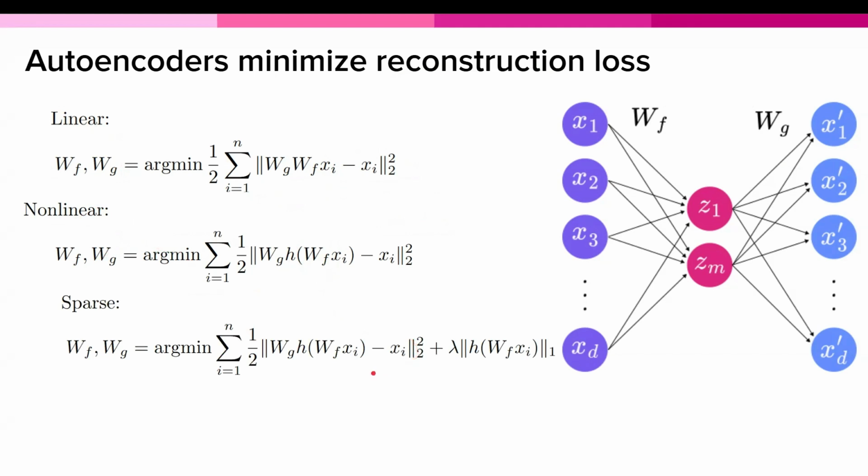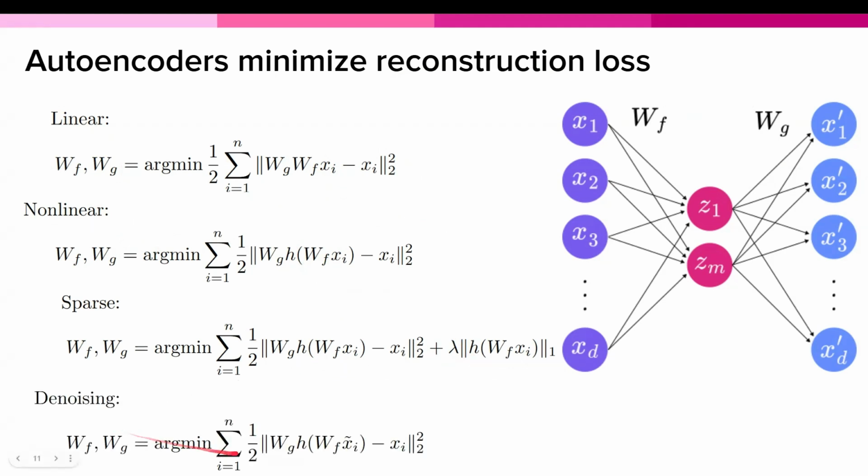Sparse autoencoders introduce an L1 norm penalty on the activities alongside the reconstruction error with a hyperparameter lambda, which encourages only a small subset of the neurons to be activated at once. And then denoising autoencoders refer to a training paradigm, actually, where the network is trained to reconstruct the original input from a corrupted version of it, x tilde.